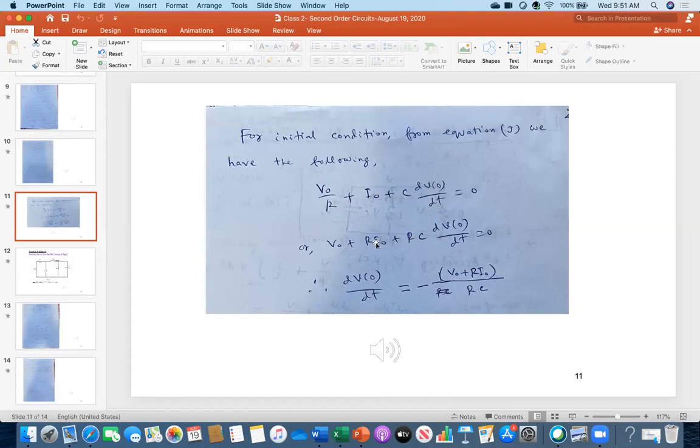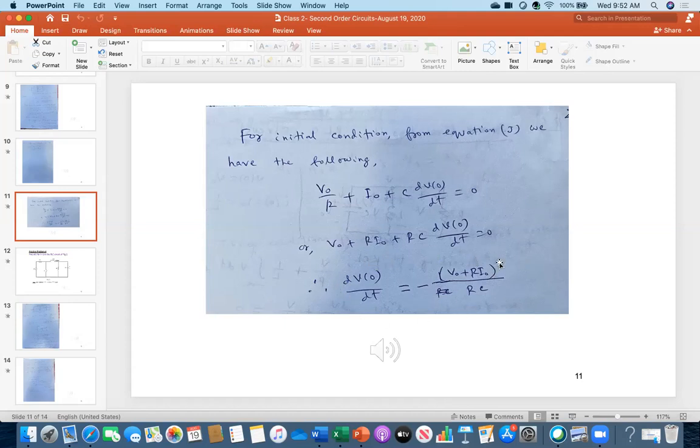Then from here, you see, I am just rearranging. My plan is to find out dv naught by dt. So finally, I got dv naught by dt equals minus, in parenthesis, v naught plus r I naught, over rc. So this v naught and I naught, those two are the initial conditions or the initial values. So therefore, when solving problems, you will just be taking note of this one.